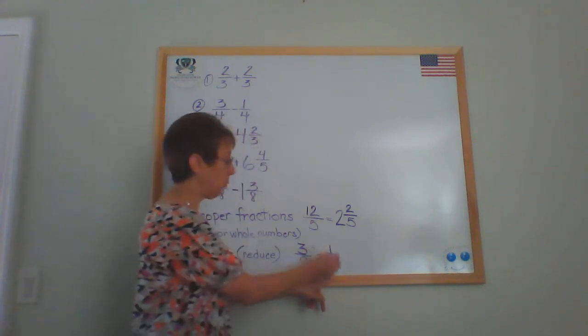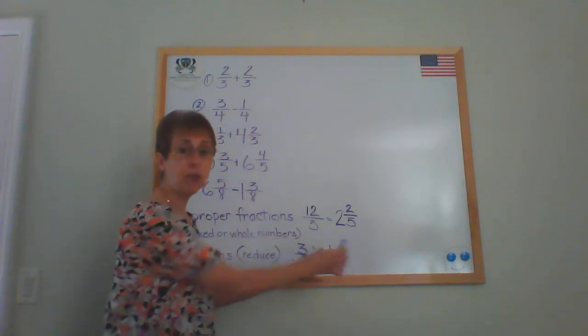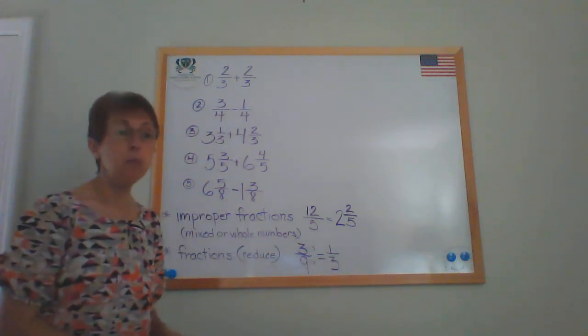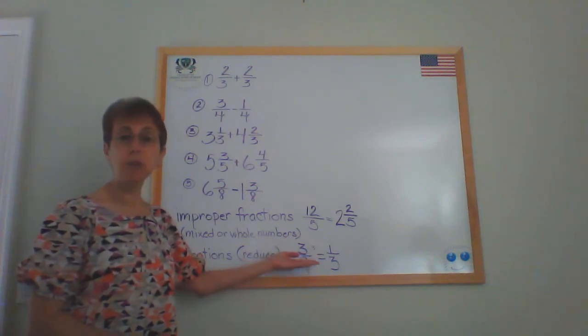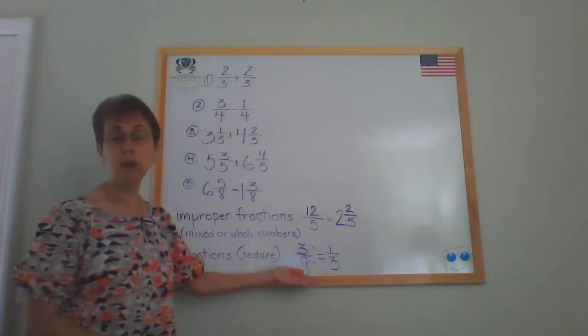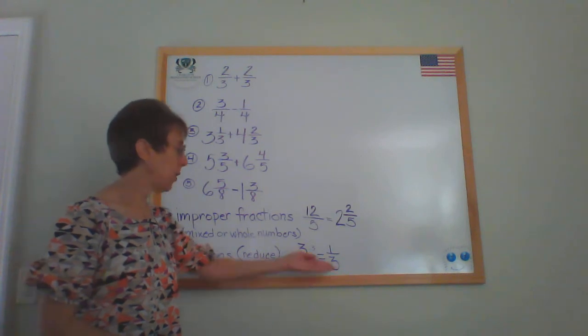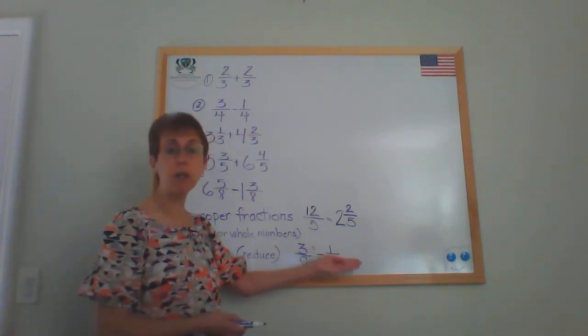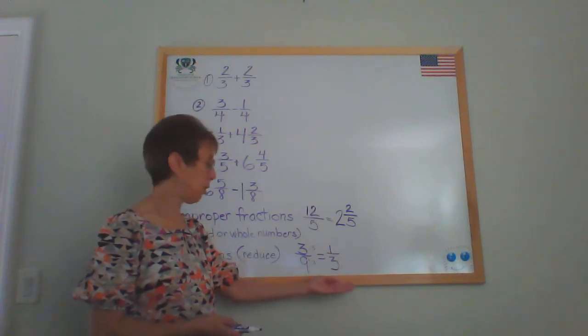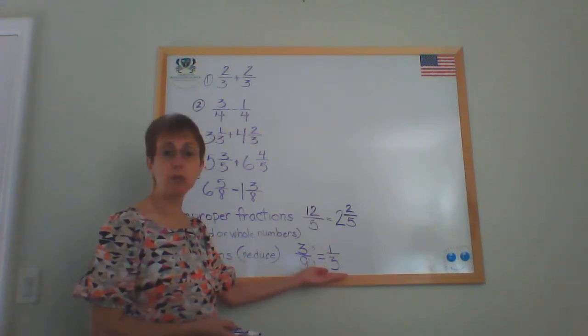If you look at 1/3, there's nothing further that you can reduce it to, because when you reduce, you are dividing, and whatever you divide the numerator by, you must divide the denominator by as well. In 1/3, there's no one number that you can divide both the numerator and the denominator by. So 1/3 is reduced.